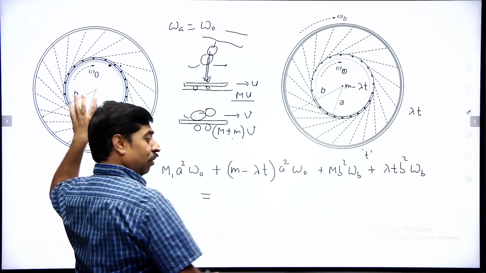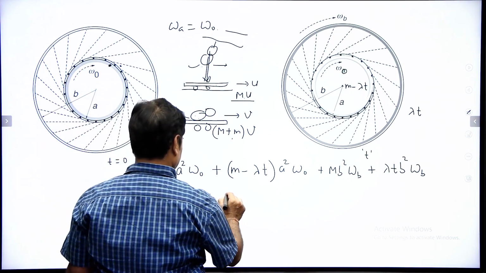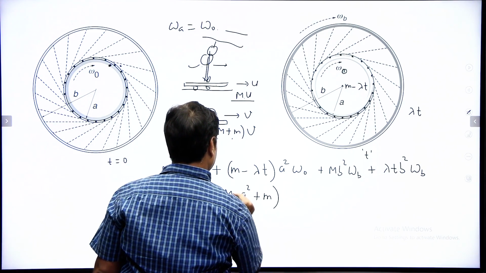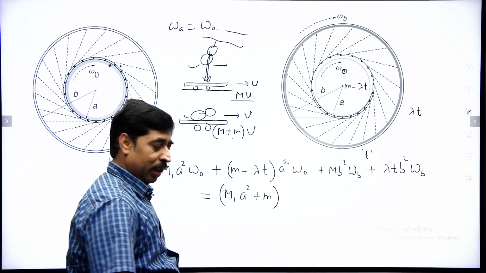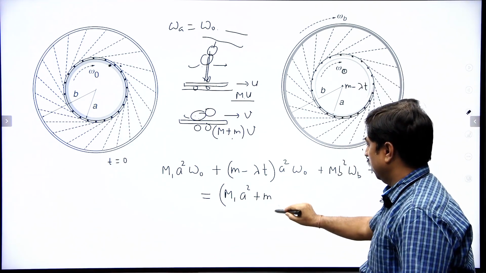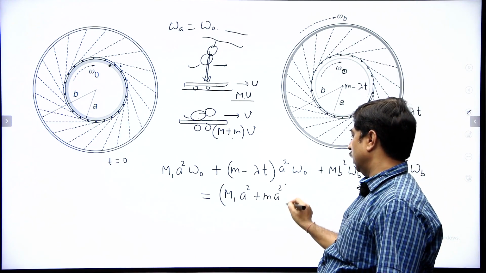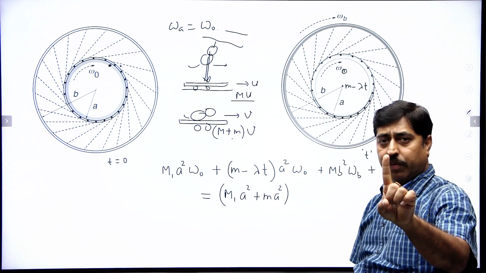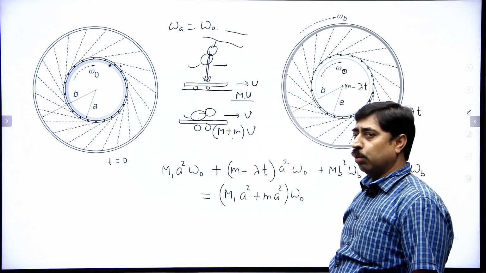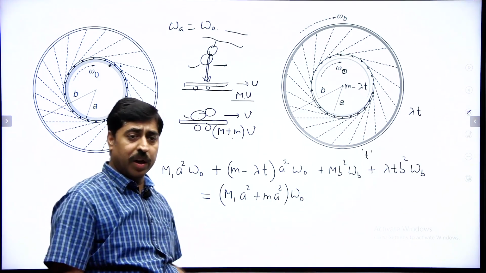And what is the initial angular momentum? What is the initial angular momentum for the inner drum and sand? I am taking it to be together. This is the complete moment of inertia of sand plus drum, times omega naught, and the question says that the outer drum is stationary initially, it is not rotating.